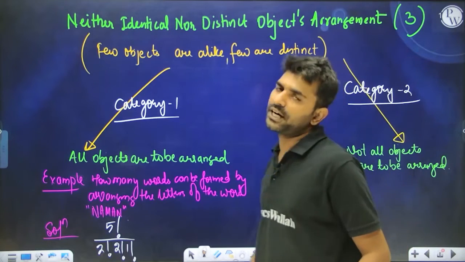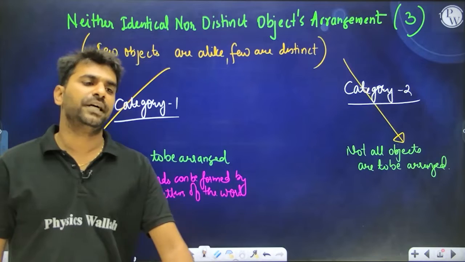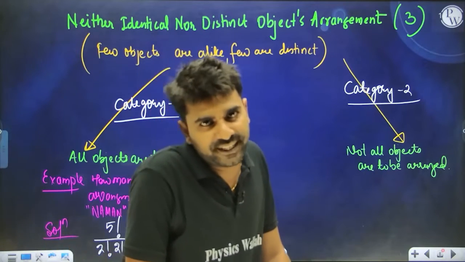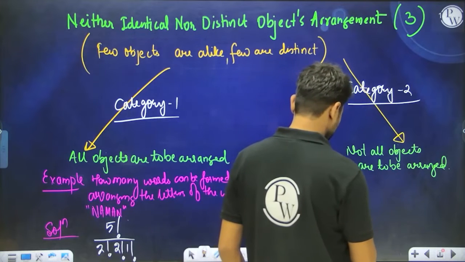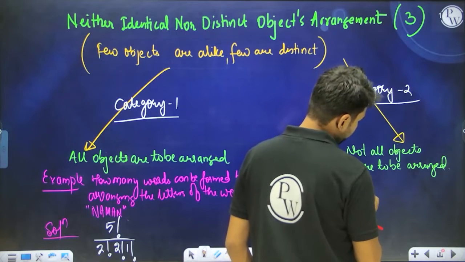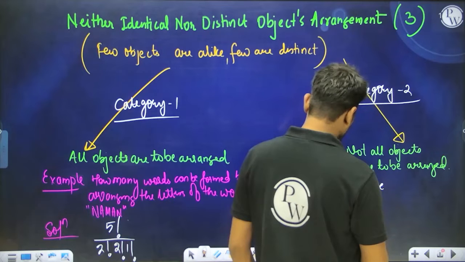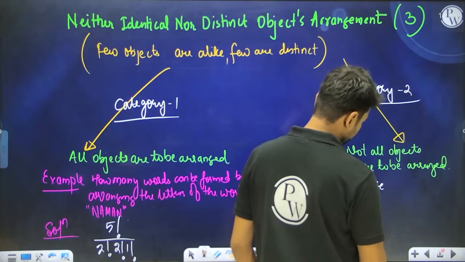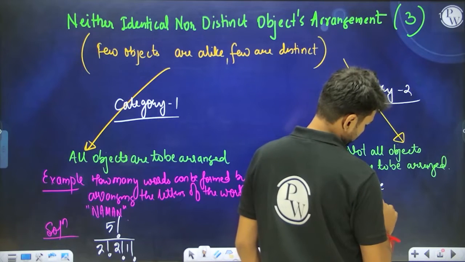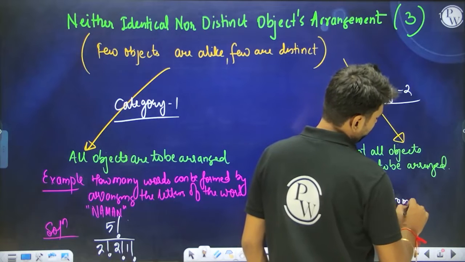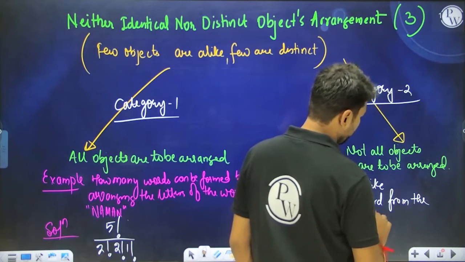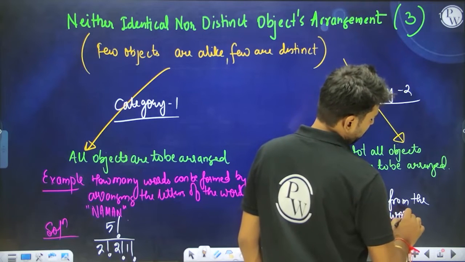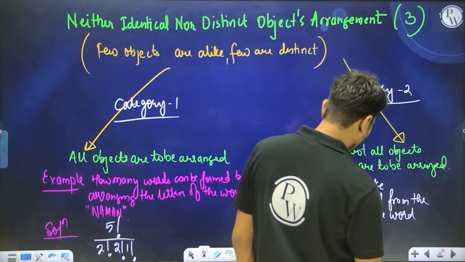Not all objects are to be arranged. Then in this case, let's say problems like: form a 4-letter word from the letters of the word, let's say, assassination or examination.